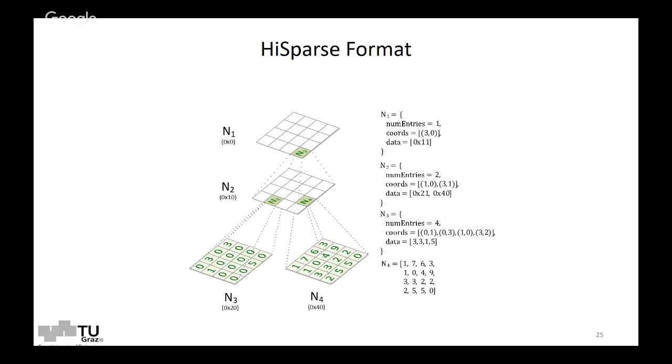Then you would have these four elements just one next to each other in memory, and using the pointers you can construct the entire hierarchy. But the nodes don't have to be sorted in any way, they can just be somewhere in memory because we're actually using real pointers. So that's the overall idea.